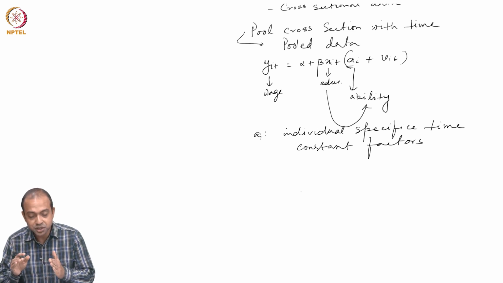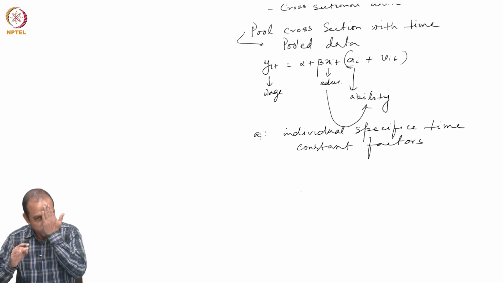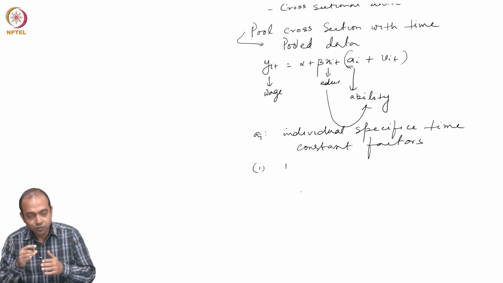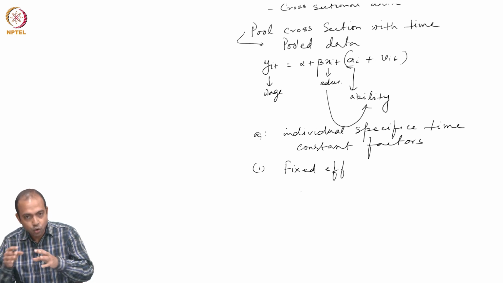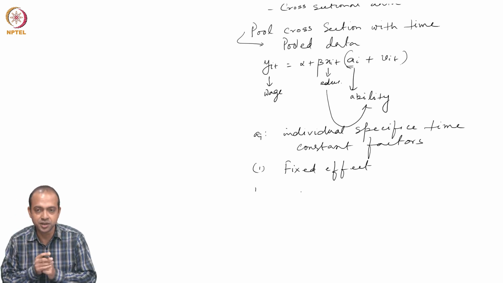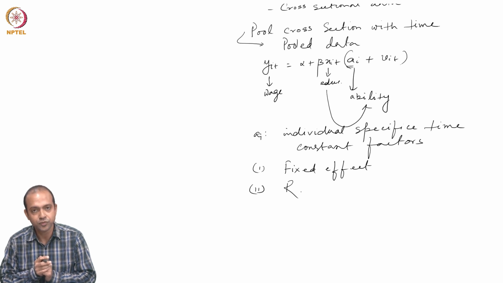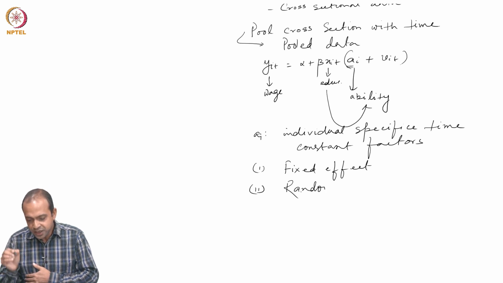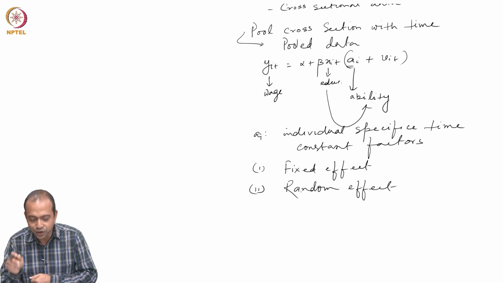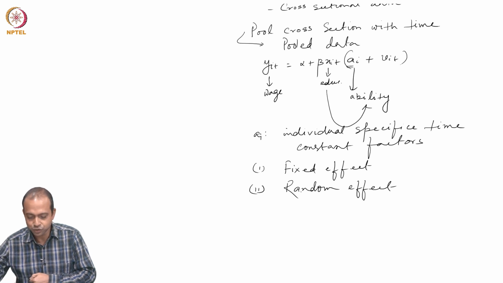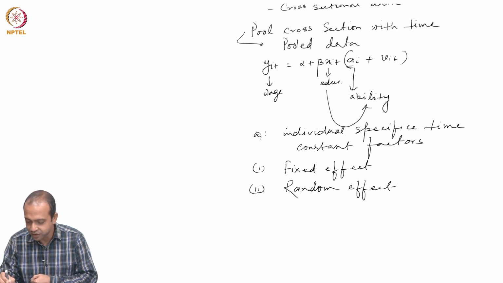So, what will we discuss? What is the situation where we need to apply fixed effect, where we need to apply random effect, what is the fixed effect transformation, all those things will be discussed in this particular module, right. In this particular module firstly we will discuss static panel data models like random effect and fixed effect. So, these are called static panel data models.